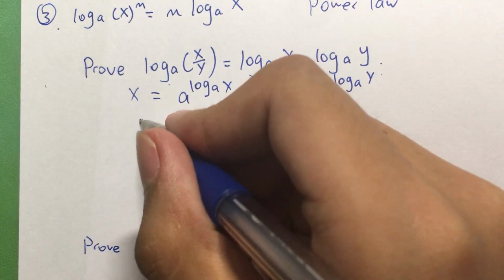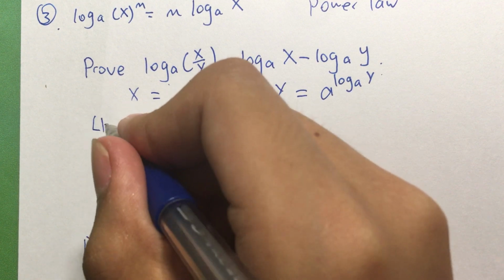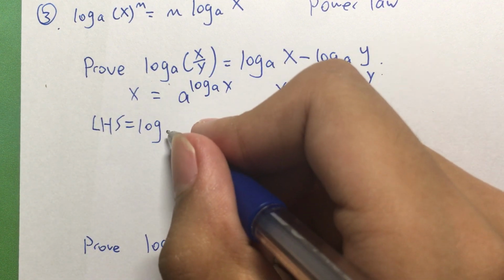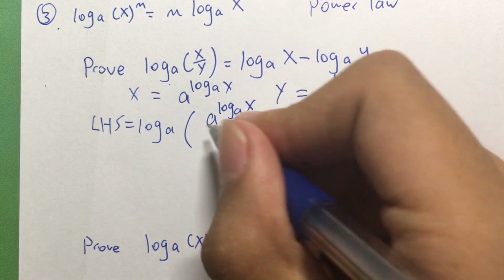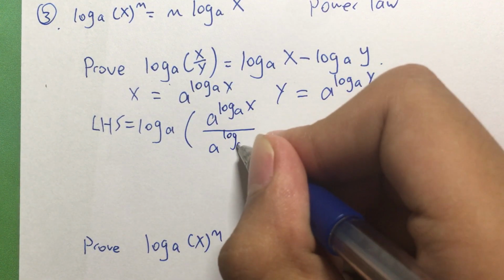So now let's substitute. The left hand side equals log_a of a to the power of log_a x over a to the power of log_a y.